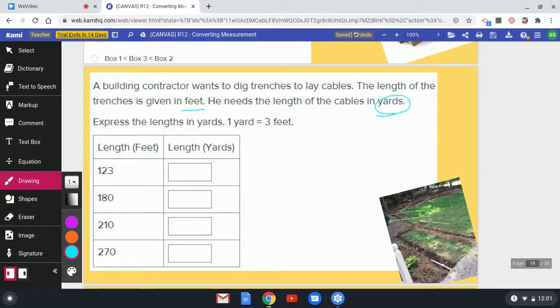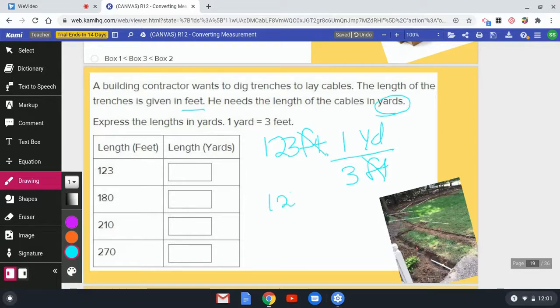Okay, so let's look at this first one. It gives me feet, 123 feet, and I want yards. What do I know about feet and yards? I know there's 3 feet in 1 yard. So how am I going to get this?